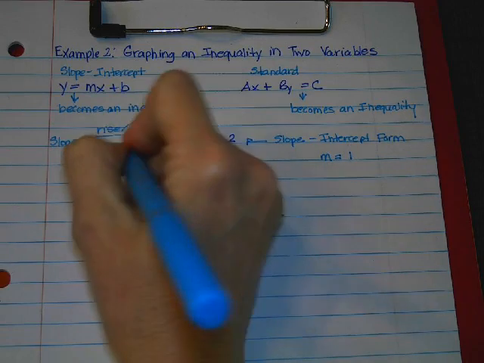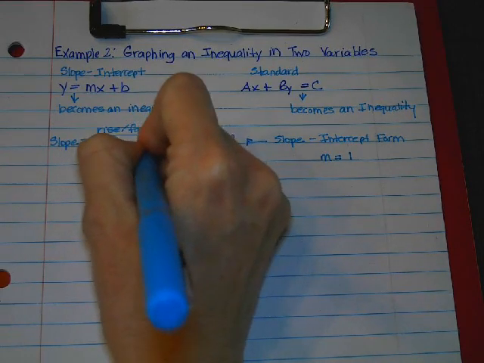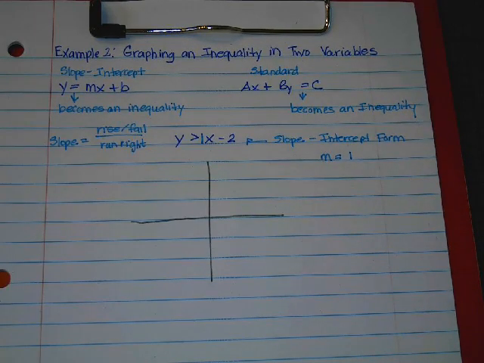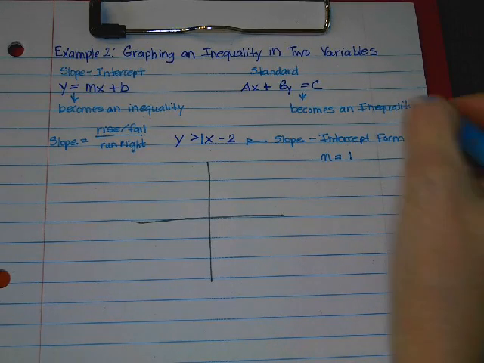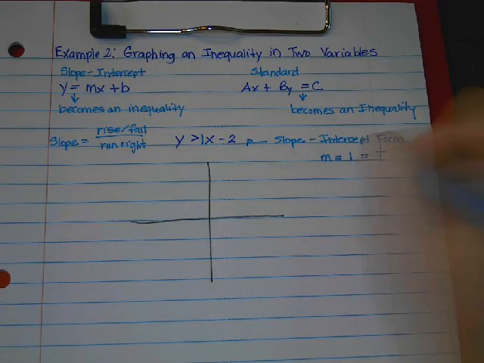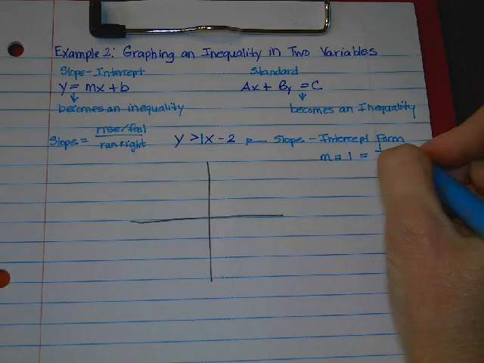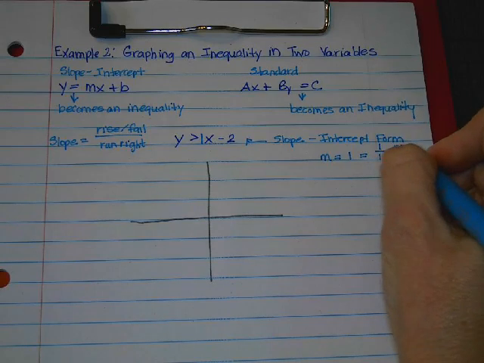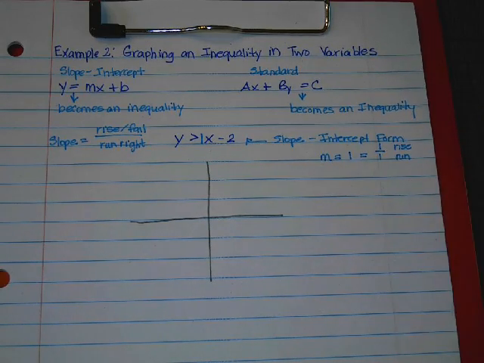And we usually try to go run right. Only time we don't go run right is if we cannot rise enough or fall enough, and then we make changes. So if I want to change this to a fraction, 1 divided by 1, that means I'm going to rise 1 and I'm going to run right 1. So that was my information on my slope.